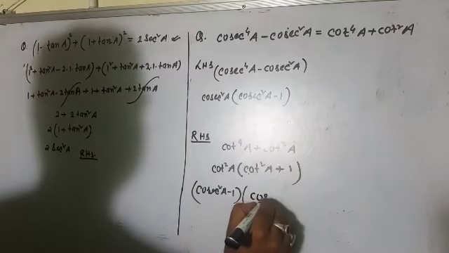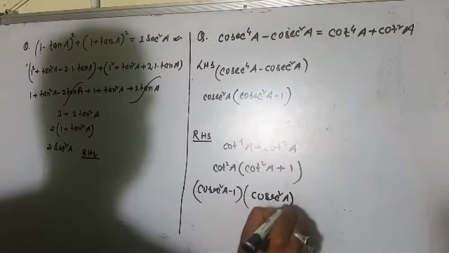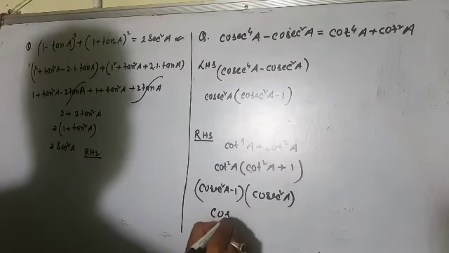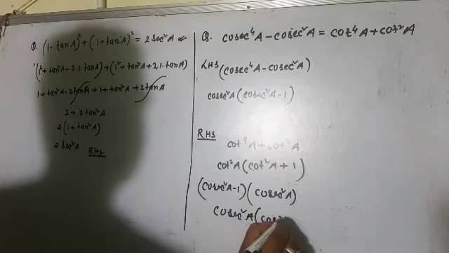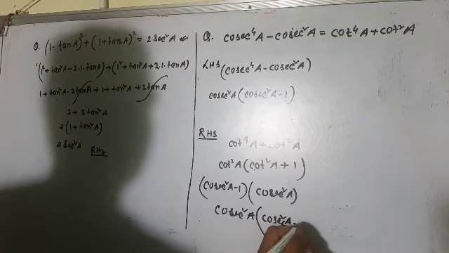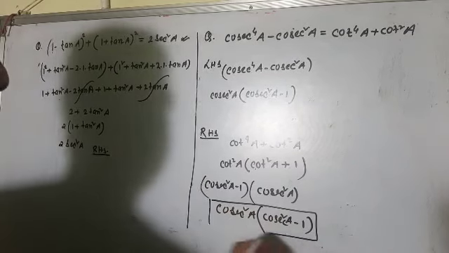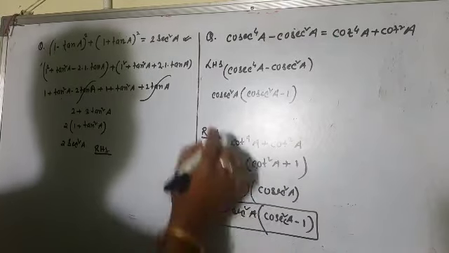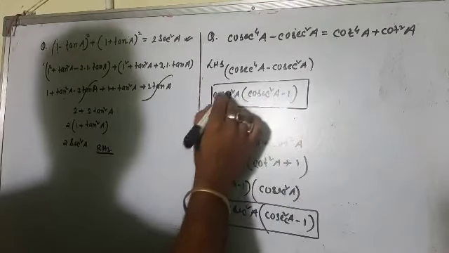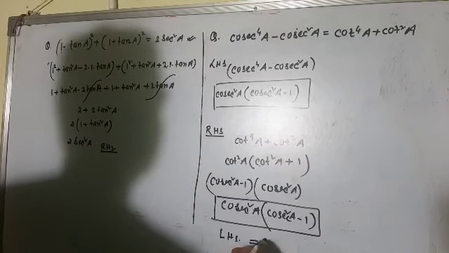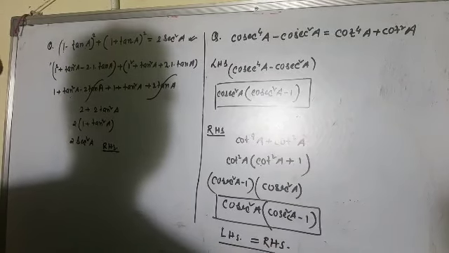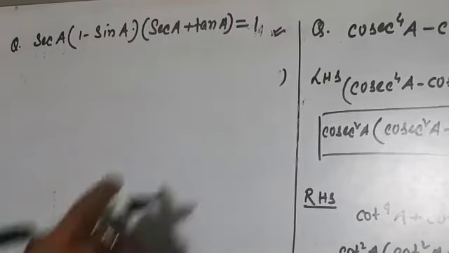Cosec square A. So here the same thing has happened: cosec square A into (cosec square A minus 1). So this is the value of RHS, and this is the value of LHS. Both LHS is equal to RHS. Proved.